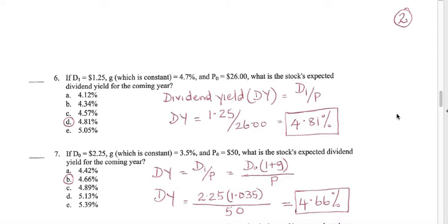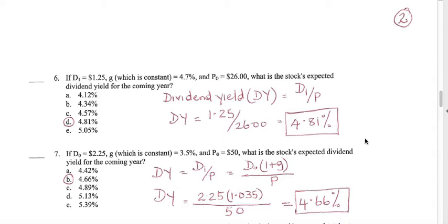Take note, you had the formula earlier on. The dividend yield is equal to D1 over the price. You're given D1, so that's $1.25 divided by the price, $26, which is 4.81%. So you're asked for the yield.